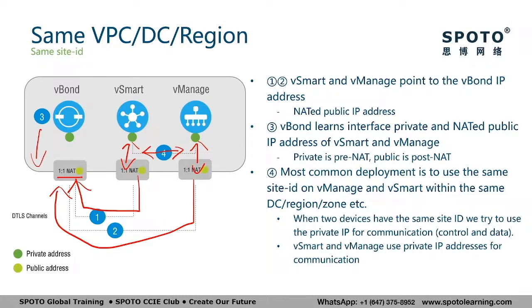So the most common deployment is to use the same site ID as this diagram here. By doing that, if it's with the same site ID, the vManage and vSmart will communicate to each other through the private IP address. It's much easier. It's just LAN traffic.